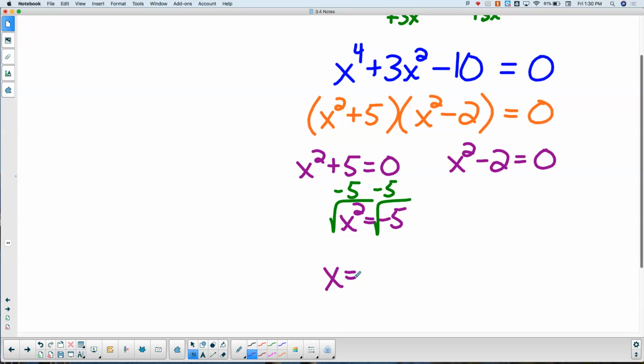How many answers should I get just in that equation? Just in this one, just in this purple one. 2. So if you only give me 1, you're wrong. Oh, positive and negative i square root of 5. Most people do.